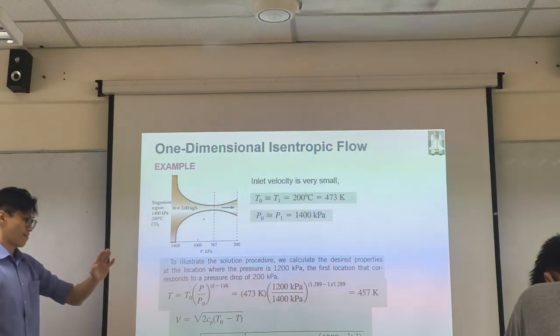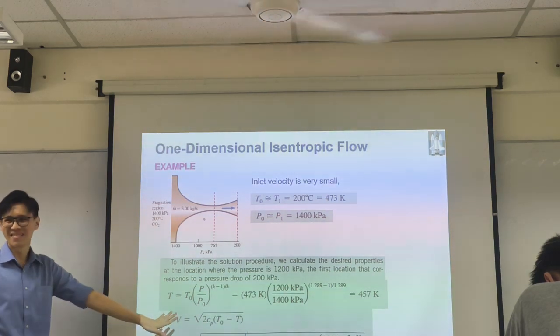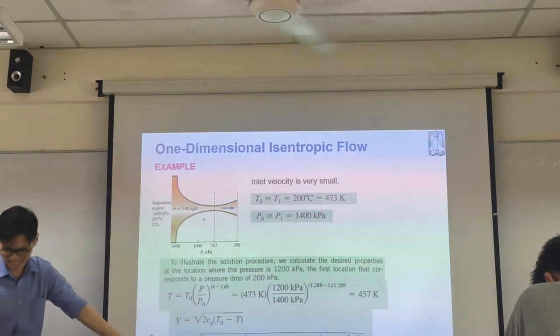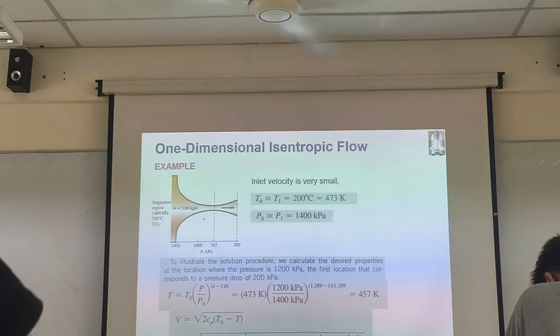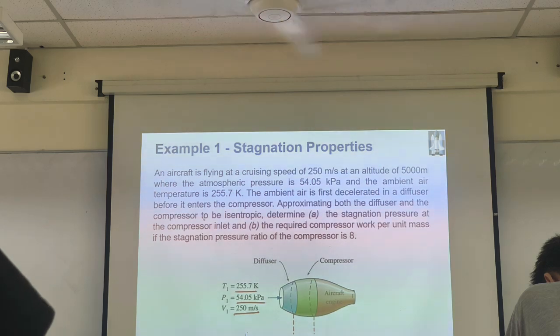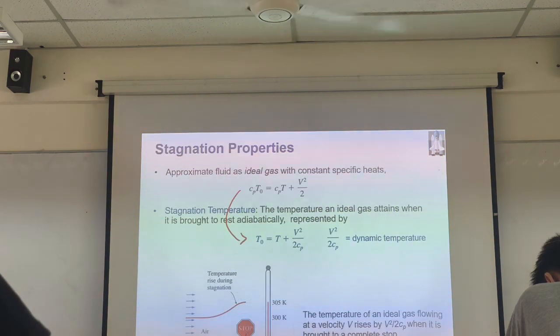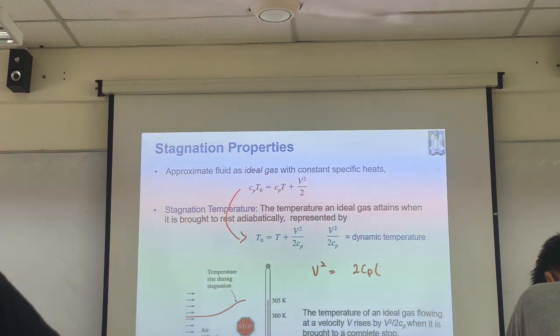And then velocity. This one we short-formed this equation, but basically it is this equation. So you move this: V squared equals 2Cp (T naught minus T).